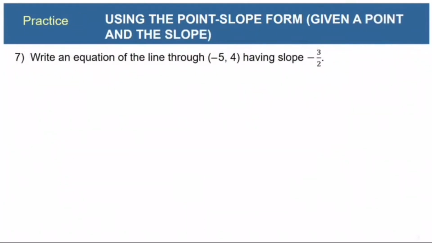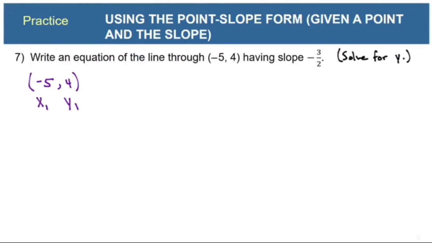Now here is a homework problem that I wanted to go through with you. This one says write the equation of a line through -5, 4 having slope -3 halves. Because it starts out saying write the equation of a line, we know that we're going to need the point slope formula. So let's go ahead and identify the information that they gave us.